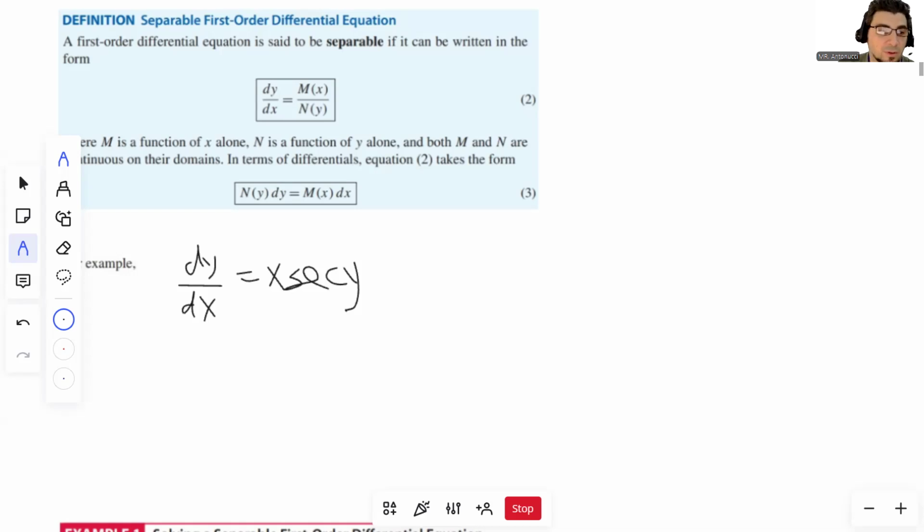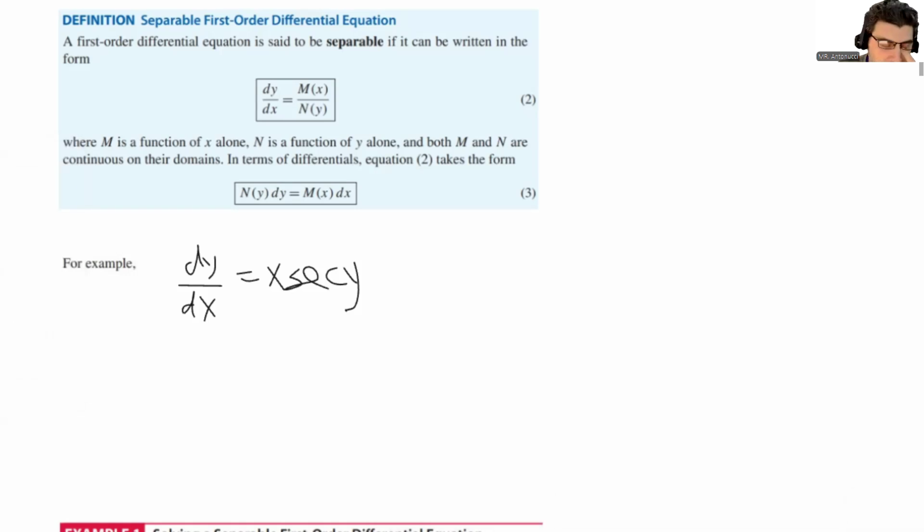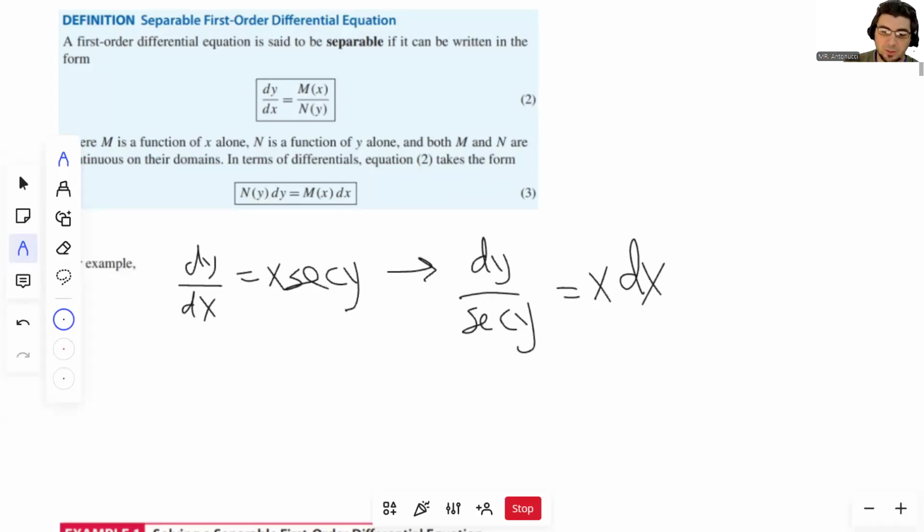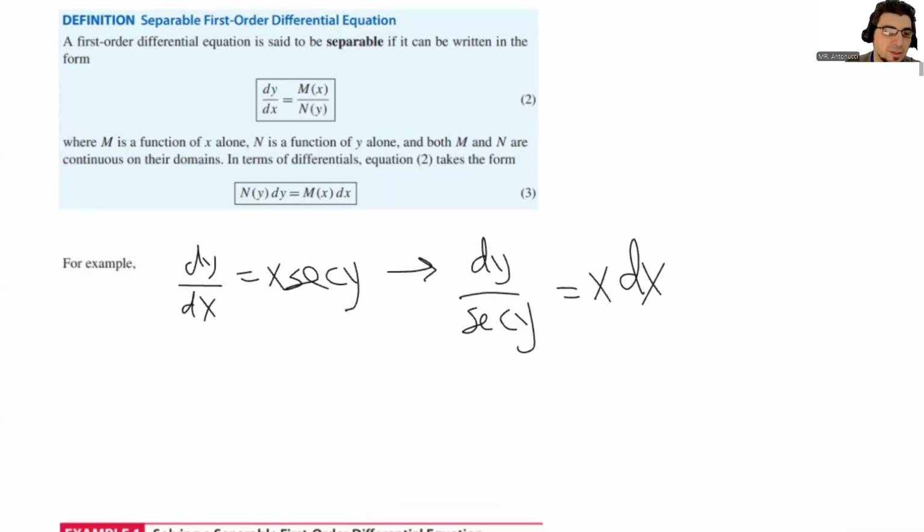This is separable because if we treat dy and dx, the differentials, as manipulatable symbols, if you will, we can rewrite this as dy over secant y equals x dx. We essentially just multiply both sides by dx and divide by the secant y so that we can get our x's and dx's on one side and our y's and dy's on the other side.